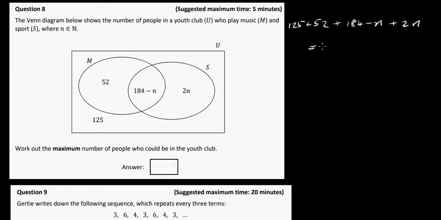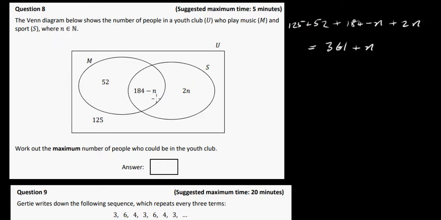And when you add all those up, you get 361 plus n. So that's the total number of people in the youth club. Now, what can n be then? What's the minimum and maximum that n could be in this particular case? Well, in the middle here we have 184 minus n.